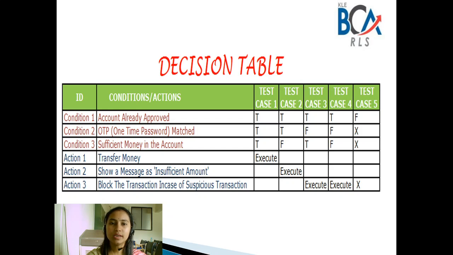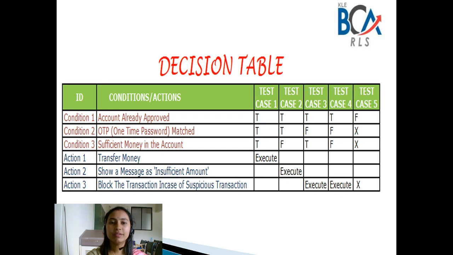So these are some conditions for the money to transfer online. And the actions that are performed are transfer money, show a message as insufficient amount, and block the transaction in case of suspicious transaction. So these are some actions that are performed in this example.